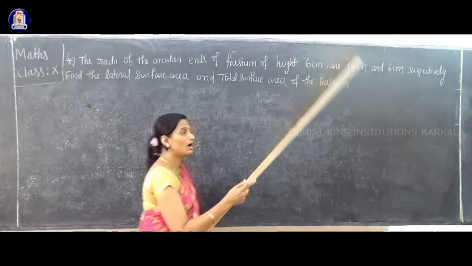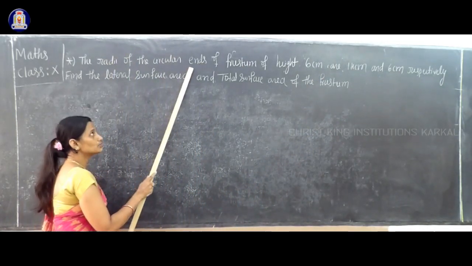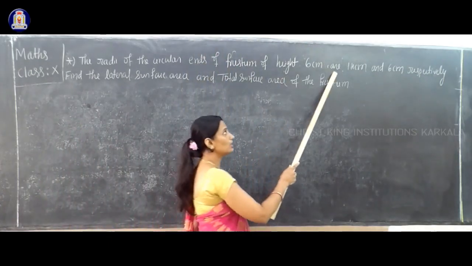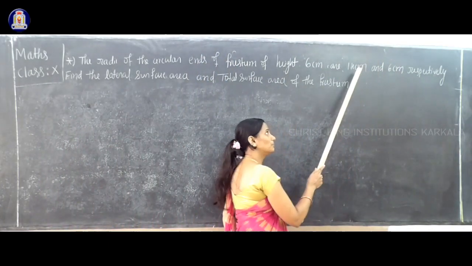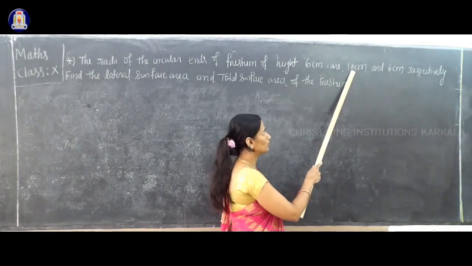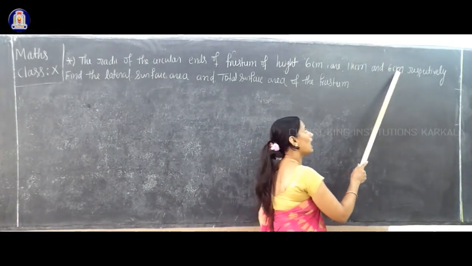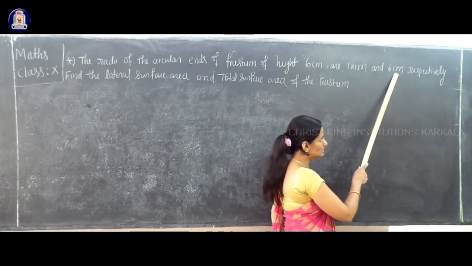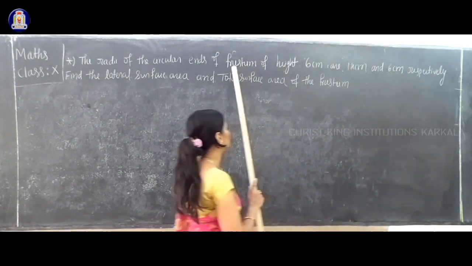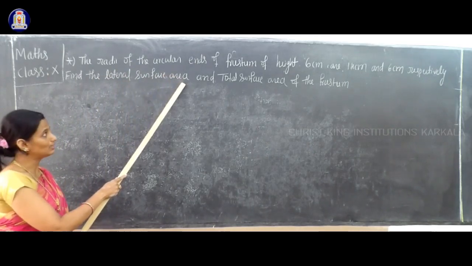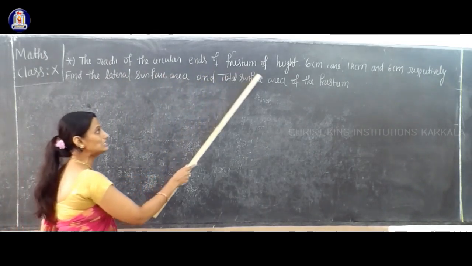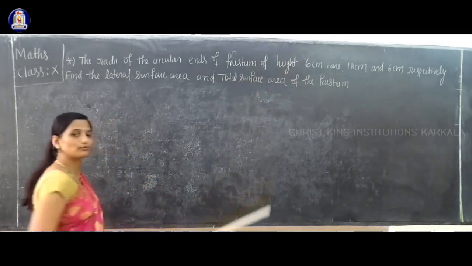What are the radii of circular ends? 14 centimeter and 6 centimeter. That means R1 is equal to 14 centimeter, R2 is equal to 6 centimeter respectively. Find the lateral surface area and the total surface area of the frustum.